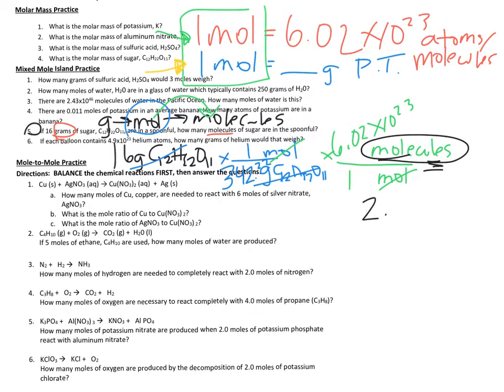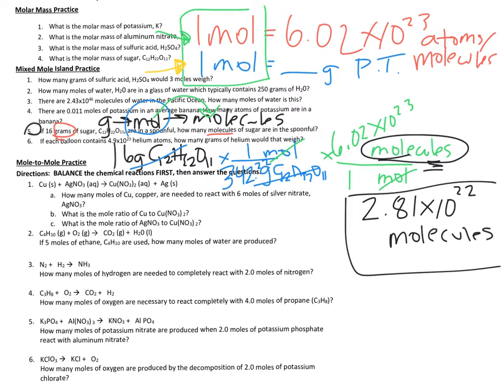You'll end up with 2.81 times 10 to the 22 molecules. So that should be the answer for number 9 on the Go Formative. I did 3 of them with you in that section. You can do the other 3 on your own, making sure you're using the right conversion factor and putting the units in the right spot as you're converting, making sure the units cancel as you go along.